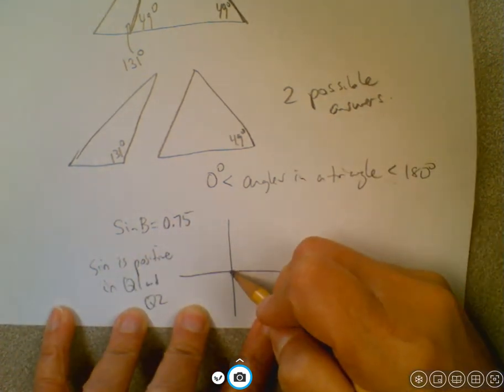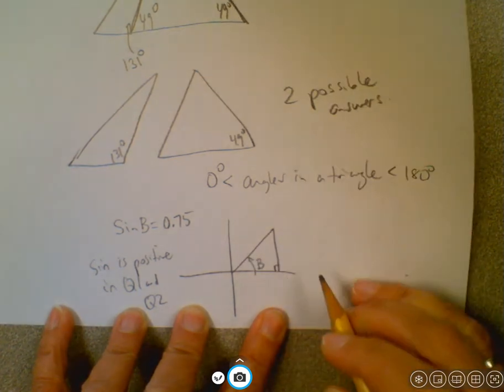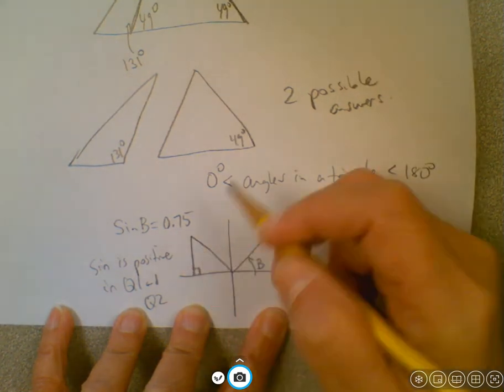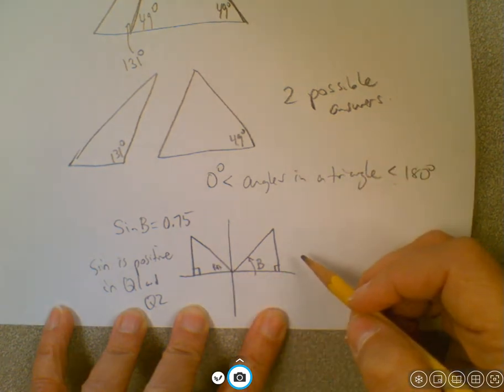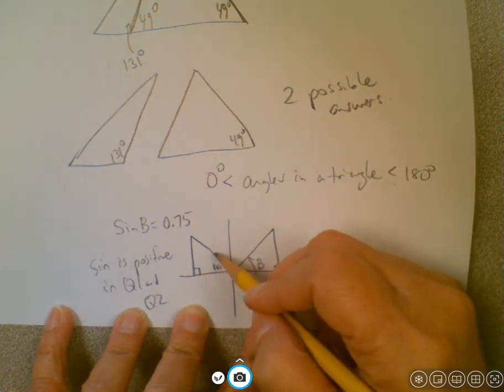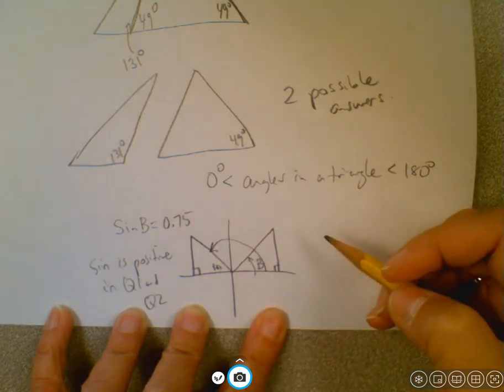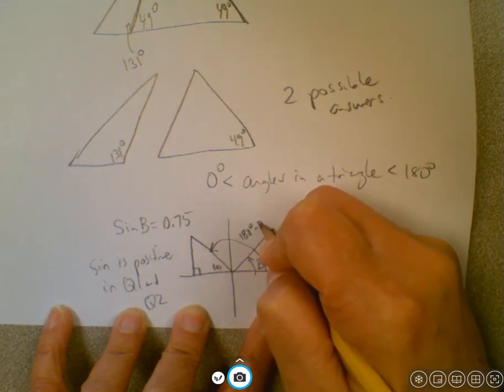So I'm going to have a Q1 answer that looks like this, where this is angle B. And I'm going to have a Q2 answer that looks like this, where this is the related angle, right? But what's the measure of the angle in standard position for quadrant 2? It's going to be 180 minus B, right?